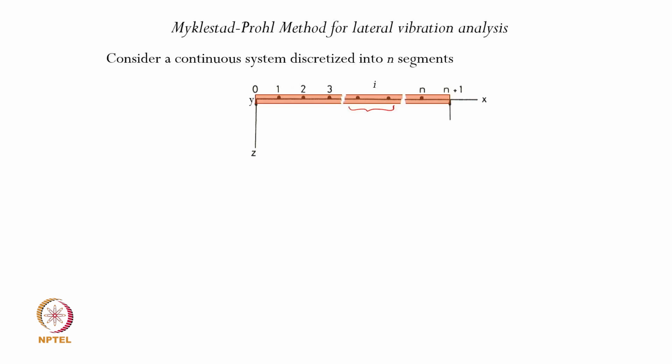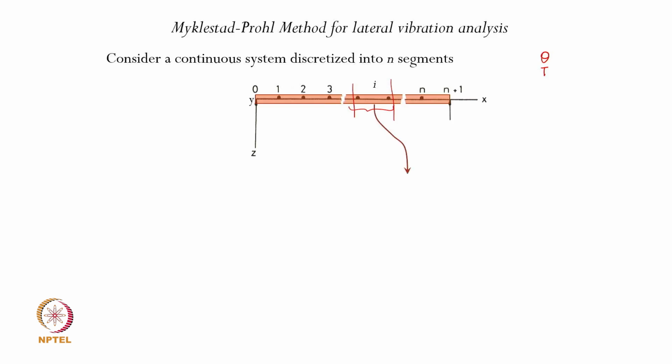In the Holzer method, the twist and the twisting moment were the two state variables which we used. In this case, because the beam is bending in this vertical plane, we will have to check what state variables are required to properly capture the dynamics in the lateral direction.